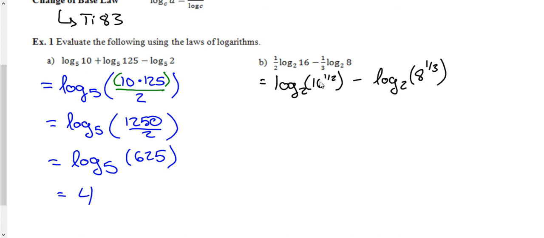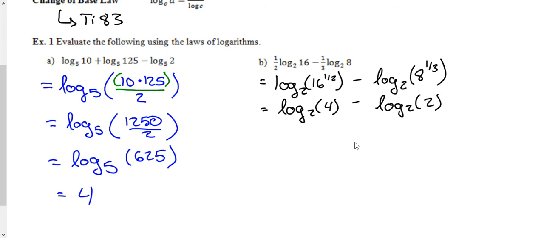Next step, if we can, let's evaluate those. So we have log base 2 of, well, 16 to the exponent of 1/2 is the same thing as saying square root of 16, which is just 4. This is going to be minus log base 2 of, well, 8 to the 1/3 is just cube rooting 8, and that's going to be 2.